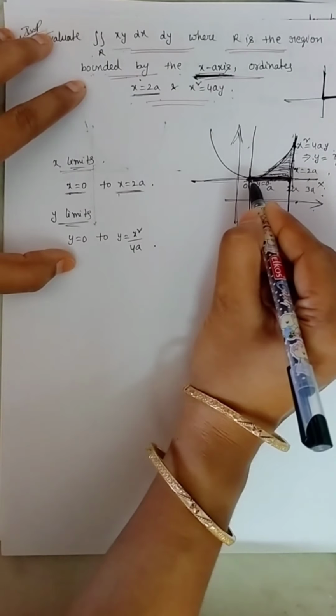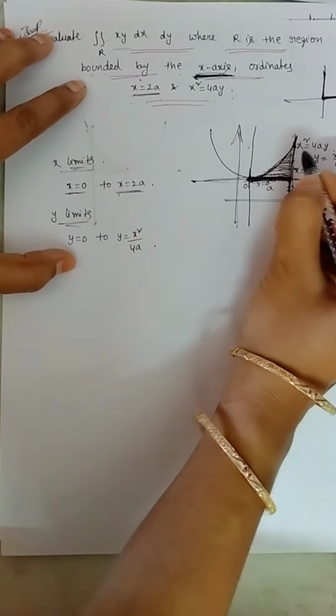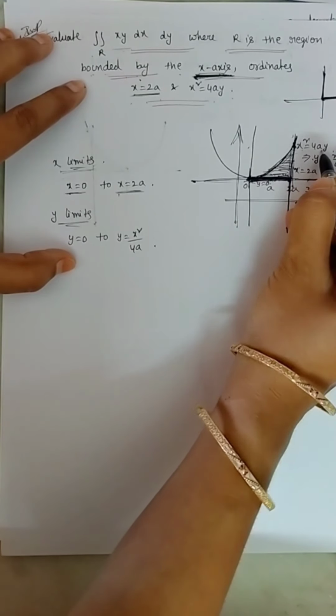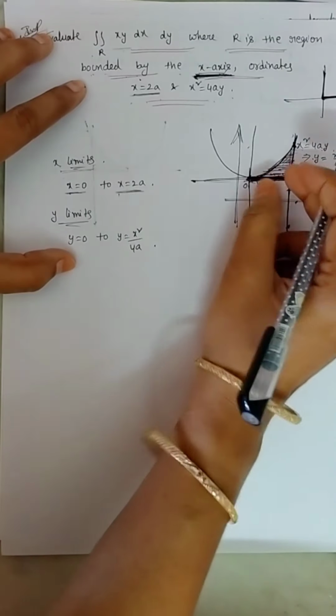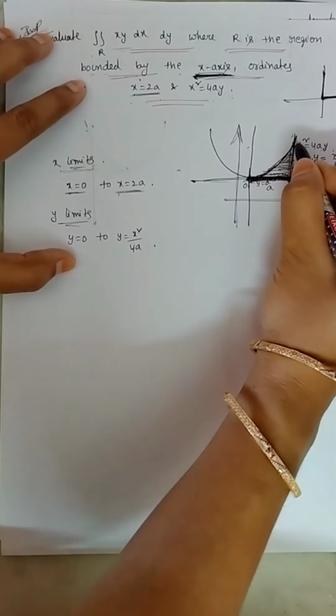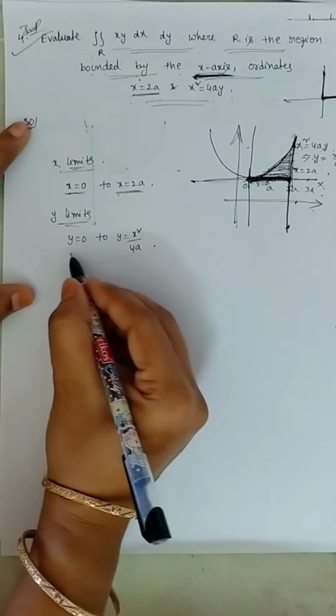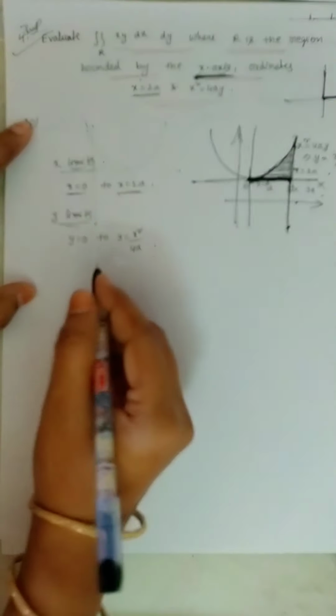The curve is x square equals 4ay, so y equals x square by 4a. Therefore the y limits are y equals 0 to y equals x square by 4a.